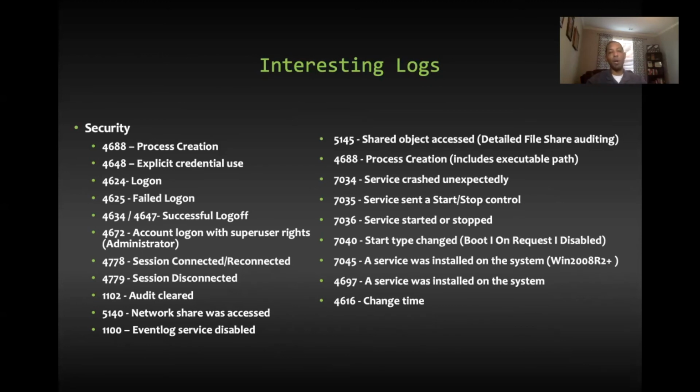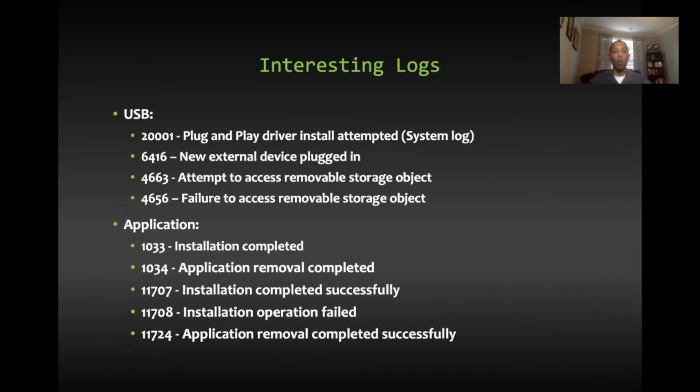It's not enabled by default, but if it is enabled, that's the one I want to roll with. All right, some other interesting logs that may be good for you. If you're in an environment that doesn't allow you to use removable media, well, you'd be able to see that as well based upon the event logs when people plug stuff in. If you were interested in a particular application, or maybe somebody disabling or removing it, maybe a malicious guy was doing that, we'd be able to see that with those specific event IDs as well.